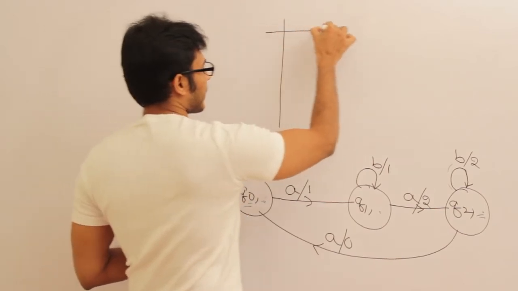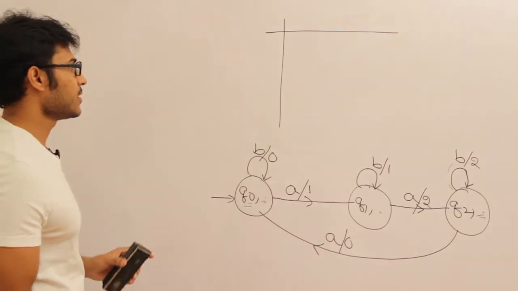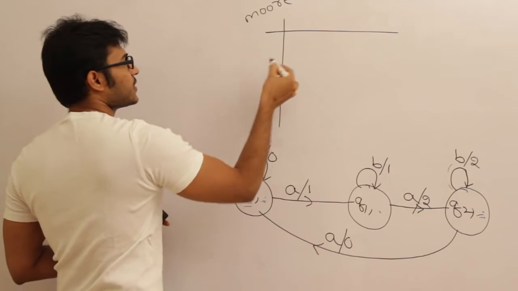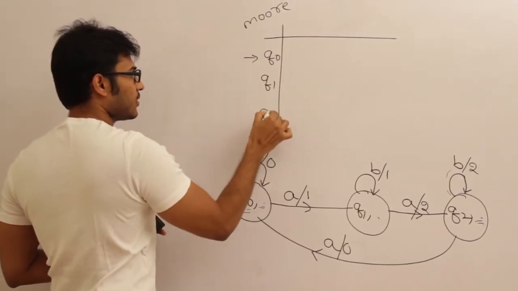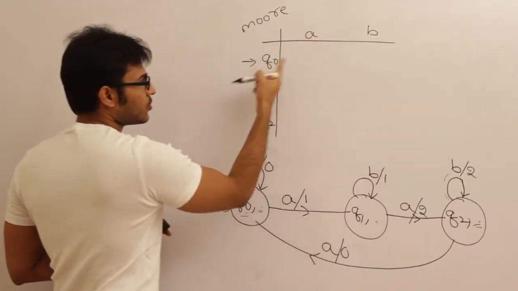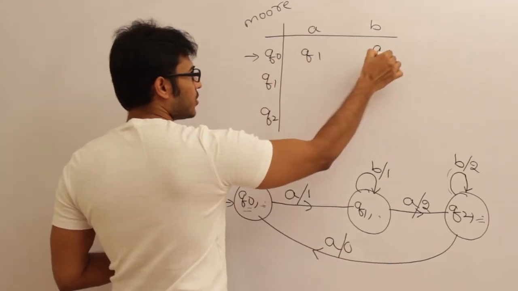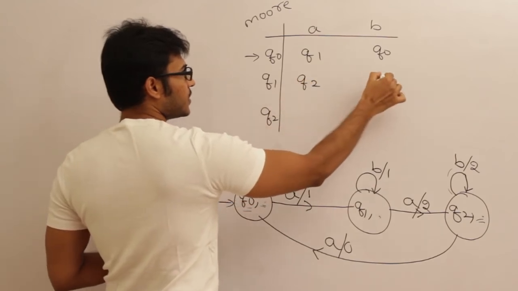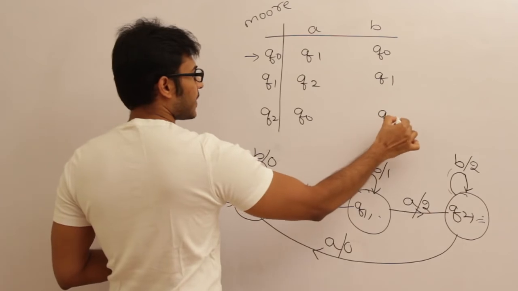Now let us take the state transition table for the same machine. The state transition table is like this. Q0 is the start state, then Q1 and Q2, and inputs are A and B. So Q0 on A is going to Q1 and Q0 on B is going to Q0 itself, and Q1 on A is going to Q2 and on B is going to Q1 itself, and Q2 on A is going to Q0 and on B it is going to Q2 itself.